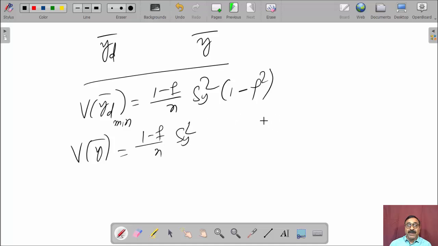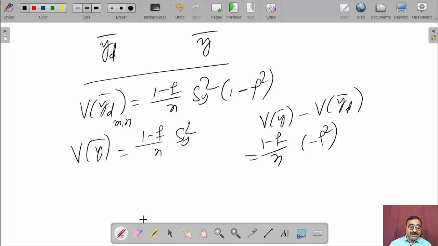Now if we take variance of y bar minus variance of y_D bar, that will be equal to (1 minus f) by n times rho square sy square, which is always greater than 0. So this difference estimator in its minimum case is always preferable to the simple mean estimator.